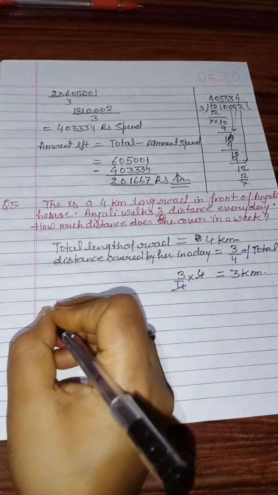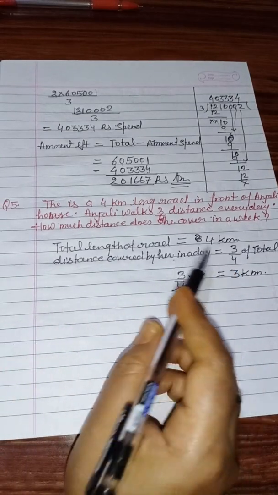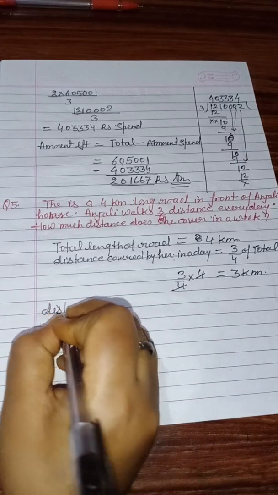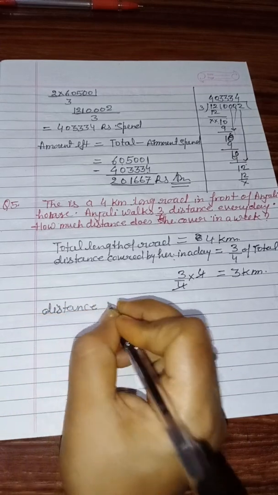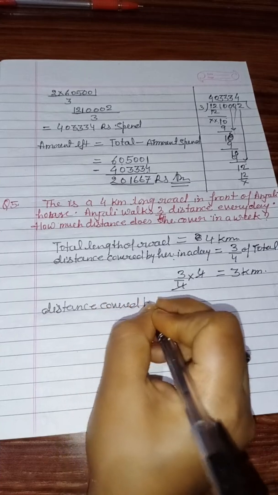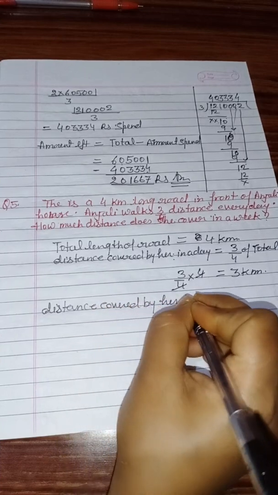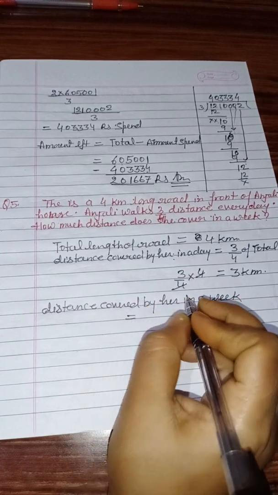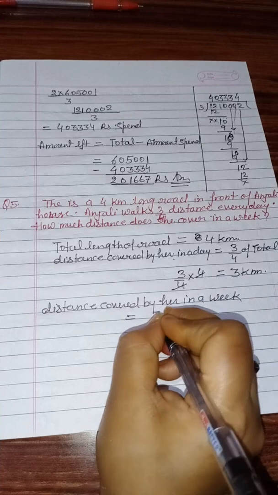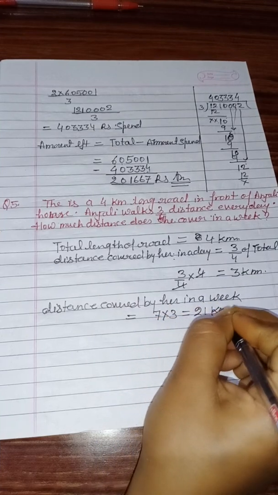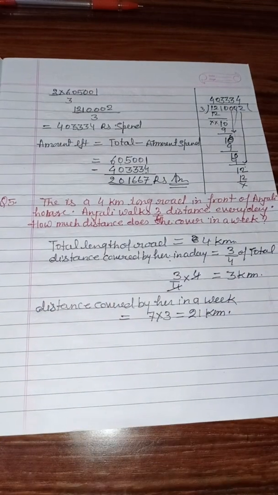So distance covered by her in a week is equal to, how many days are in a week? 7. 7 into 3 is equal to 21 kilometers she will cover in a week.